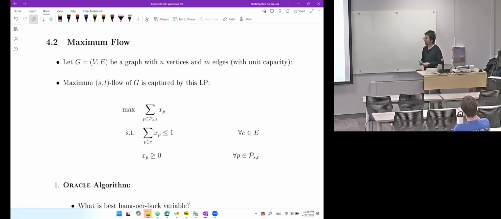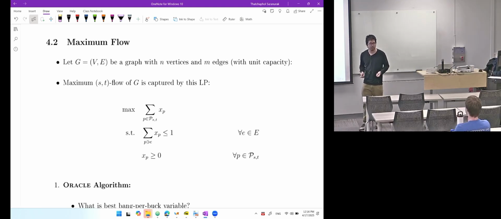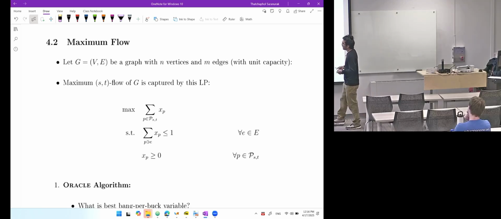So if we want to solve this problem with a multiplicative weight update framework, questions? Okay. Then the only thing we need to ask ourselves is how to implement the oracle. That's all. And one way is just to implement the best bang per buck oracle.